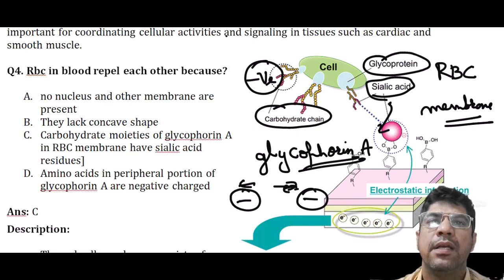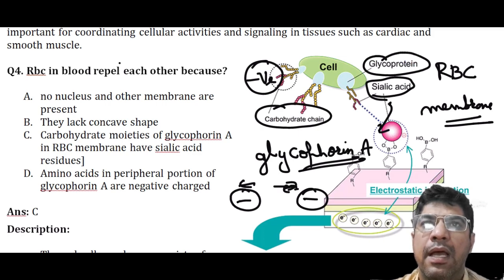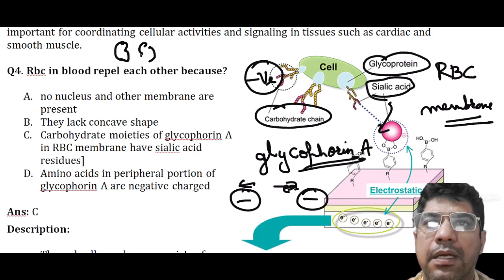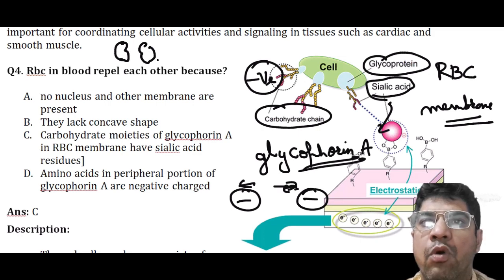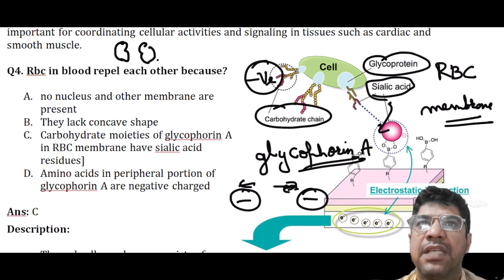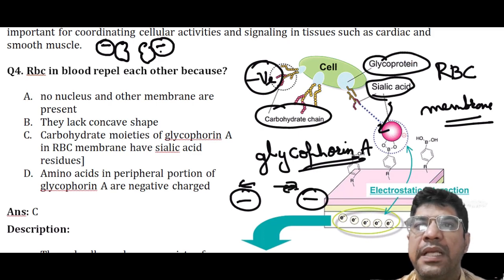You can just remember it by considering each RBC as a tiny donut. On the surface of the donut, there are glycoproteins with negative charge, like tiny magnets that push them away from each other.